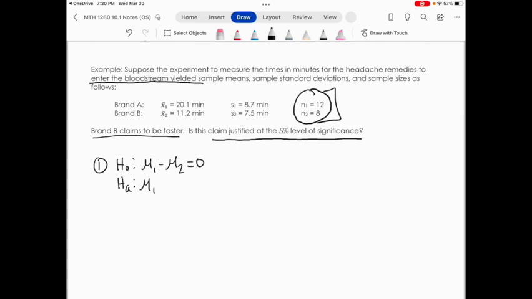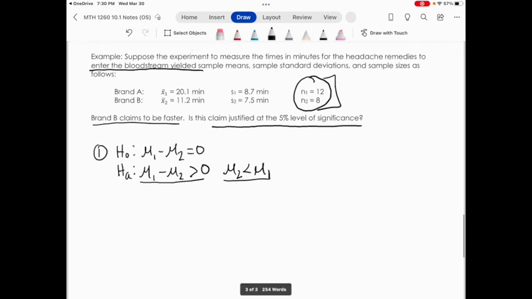Another way to look at that, if you're trying to wrap your head around it, if brand B, which would be the mean time mu2, is faster, that means it's going to have less time, so mu2 is going to be less than mu1. So that's the other way you can write it if it's easier for you to understand it that way. The level of significance is 0.05 again. It's 5%, written as a decimal is 0.05.